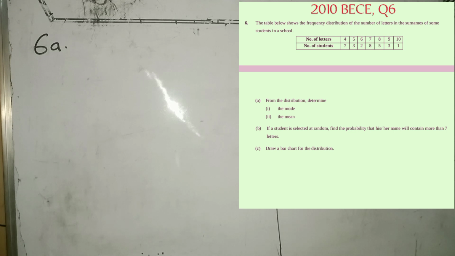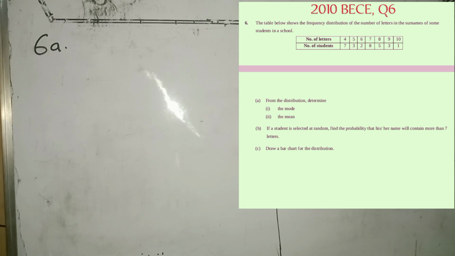Now, when you look at the table, as we read the question already, the number of letters in this particular question represents the observation. It's just like giving a question in which you have ages, weight, mass, and among others.